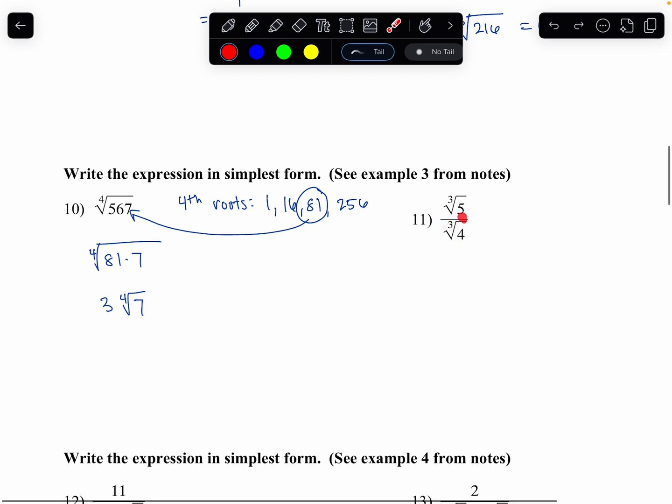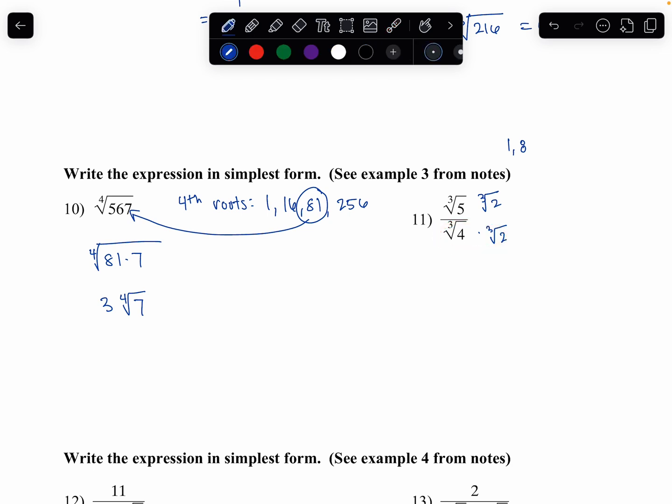So what is the smallest number I can take the cube root of that is a perfect cube? Perfect cubes are 1, 2 to the third is 8. There we go. So 8 is a perfect cube. So I can multiply the bottom by the cube root of 2, which means I have to multiply the top by the cube root of 2. The reason why I'm doing that is because I'm trying to get the cube root of 8 in my denominator.